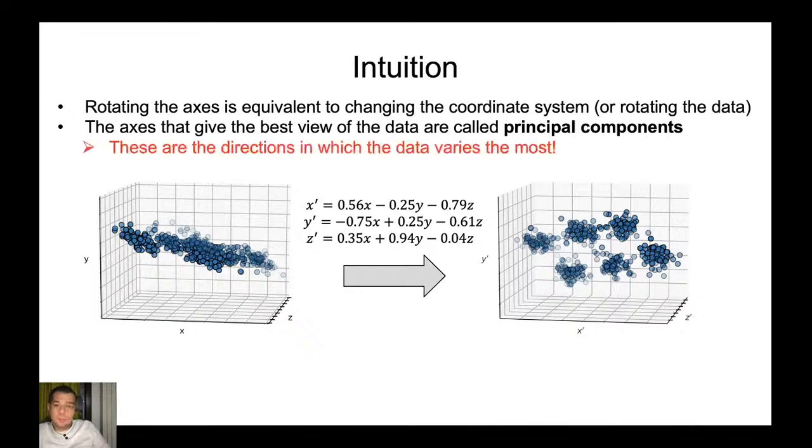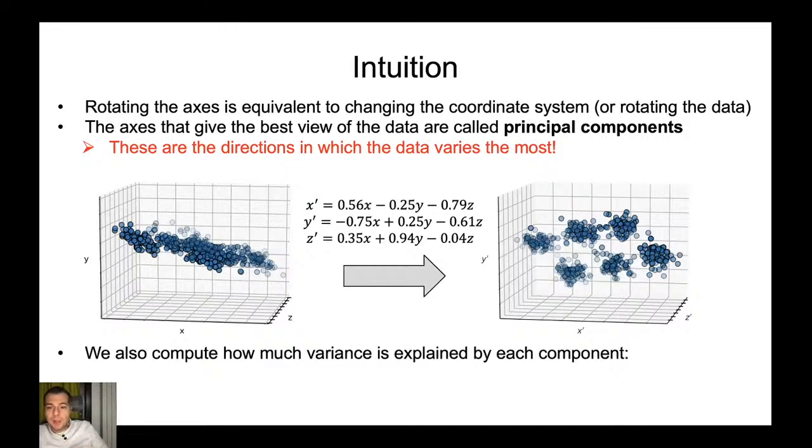As I said before, these are the directions in which data varies the most. Along these principal components we have the highest variations of the data. So principal component analysis means we try to transform the data into this new coordinate system that is represented through these axes called principal components.